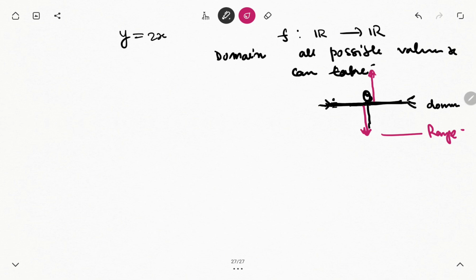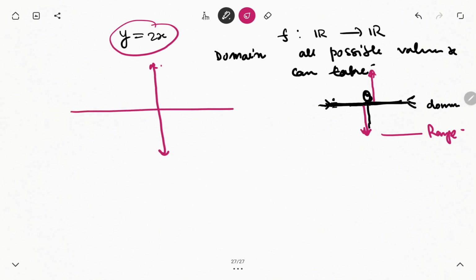Right? Now come back to this y equal to 2x. I told you when I was starting to describe types of function that this is the heart and soul of your whole maths syllabus, calculus particularly. So if you are going to draw the graph, you are going to draw it like this.